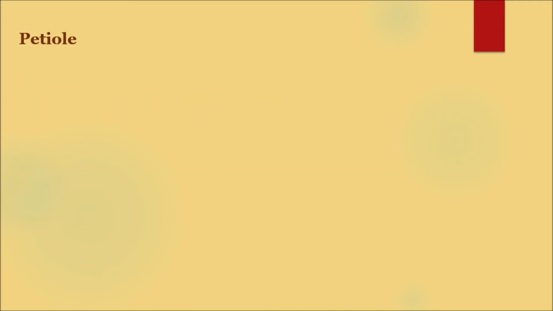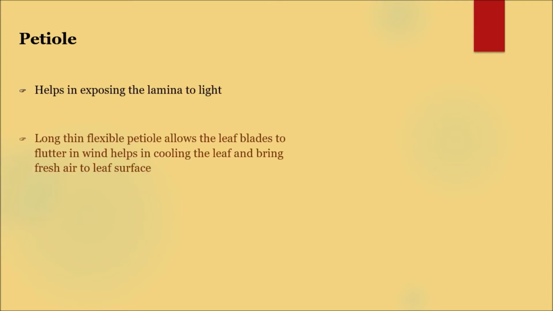Coming to petiole, petiole helps the leaf in exposing the lamina to light. Light is nothing but sunlight, and this long thin flexible petiole allows the leaf blades to flutter in the wind, helps in cooling the leaf and brings fresh air to the leaf surface.